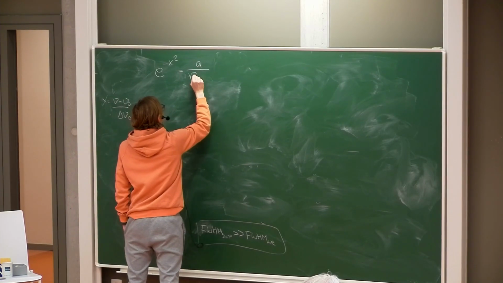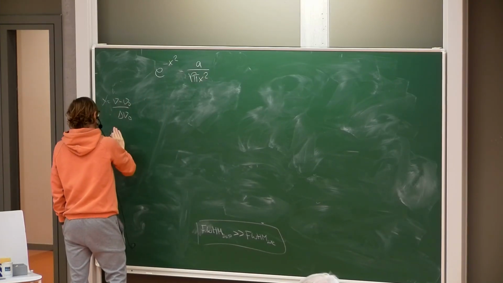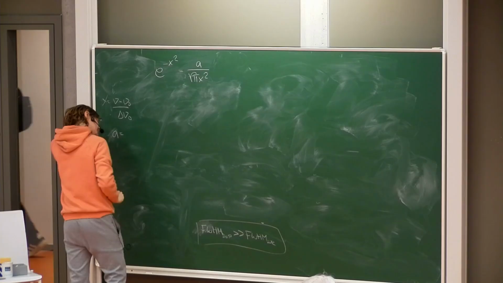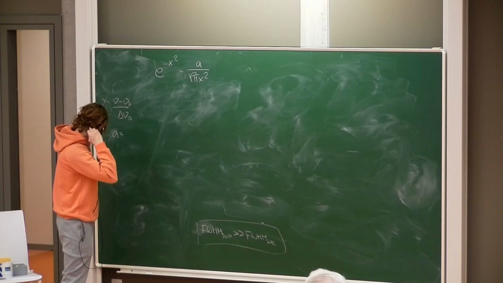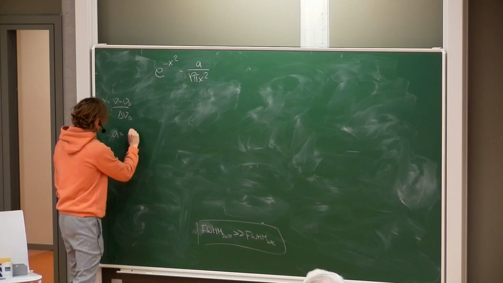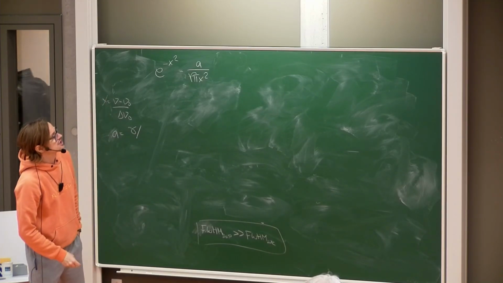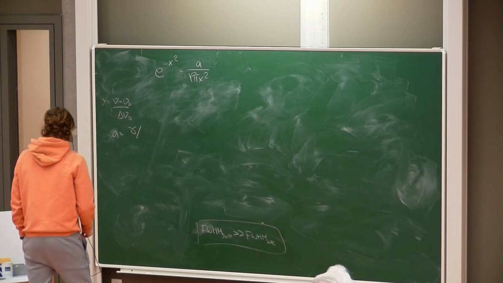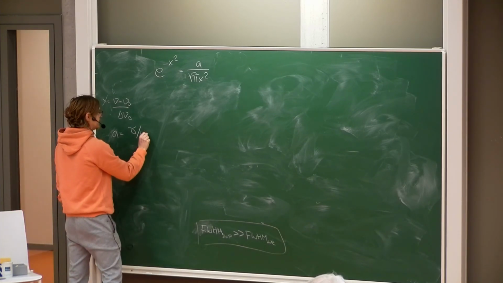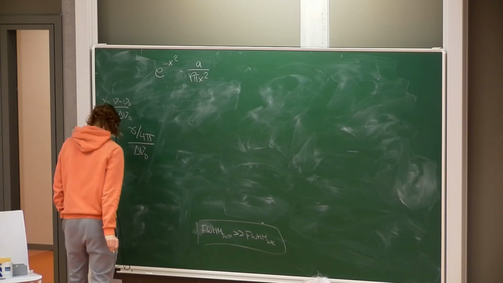a divided by square root of pi x squared, where a is our parameter in our Voigt function. It was the damping coefficient divided by a factor, which I don't exactly remember if it is 4 pi or not now. Can somebody look if it's 4 pi here or something else? And then delta nu D, okay?